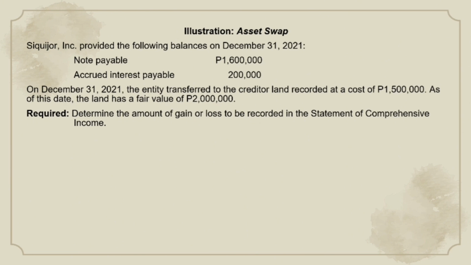On December 31, 2021, the entity transferred to the creditor land recorded at a cost of 1,500,000. As of this date, the land has a fair value of 2 million.